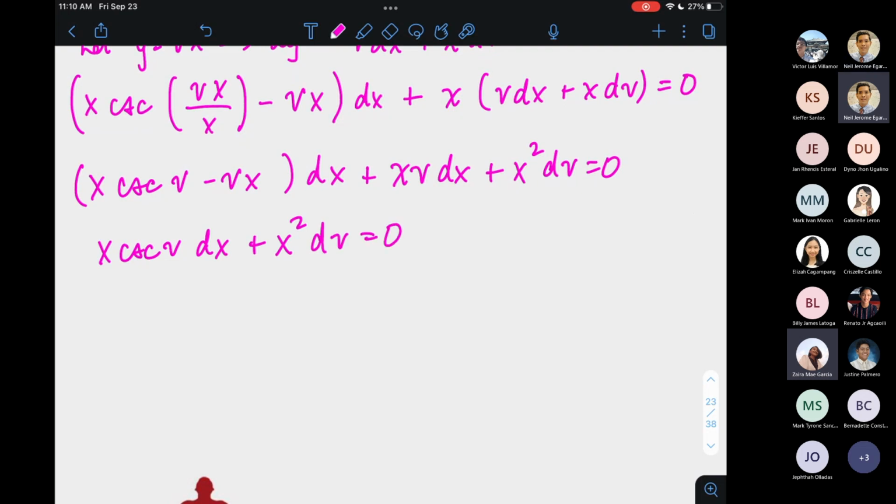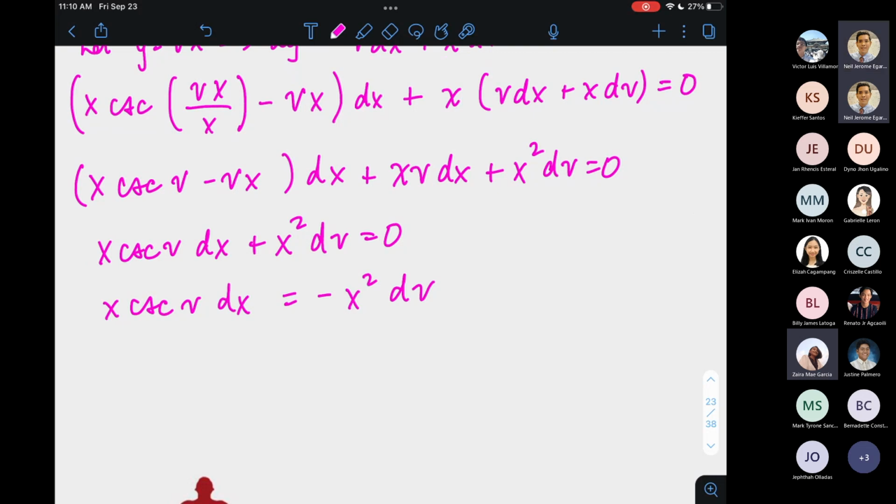Tama ba? Or excited lang ako na ma-simplify siya masyado. Pero I hope this is okay. And then I can transpose the dv term to the other side, negative x squared dv. And then now I do the separation. I divide both sides by what? By cosecant v x squared.